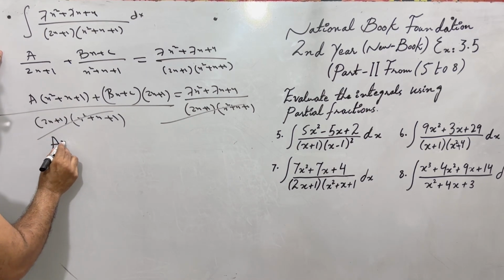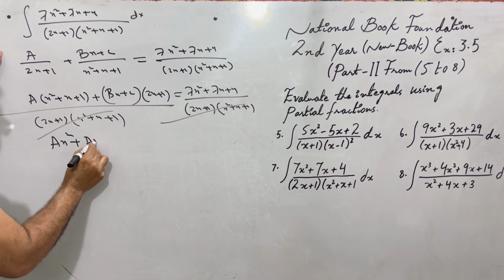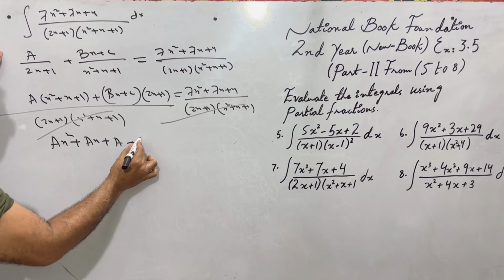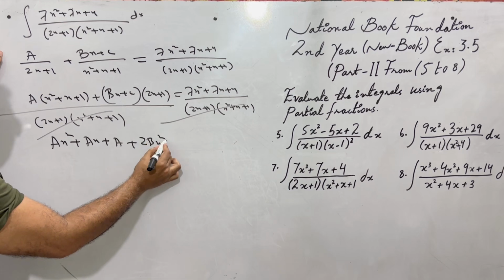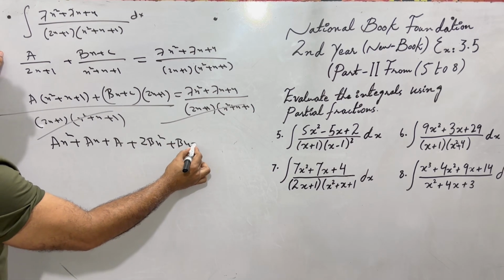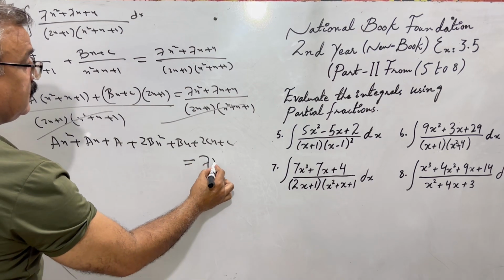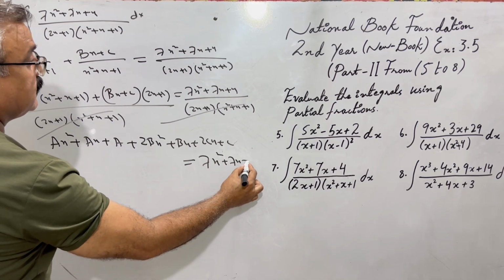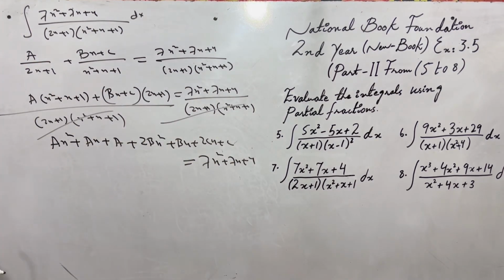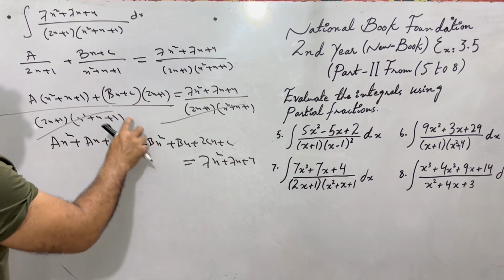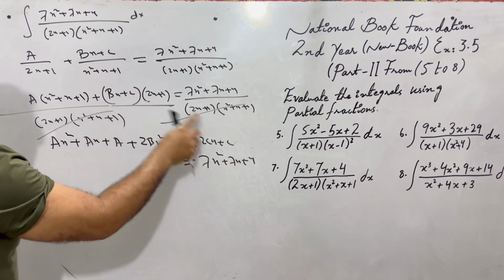It will become ax square plus ax plus a, multiply these two, it will become 2bx square plus bx plus 2cx plus c, equal to 7x square plus 7x plus 4.